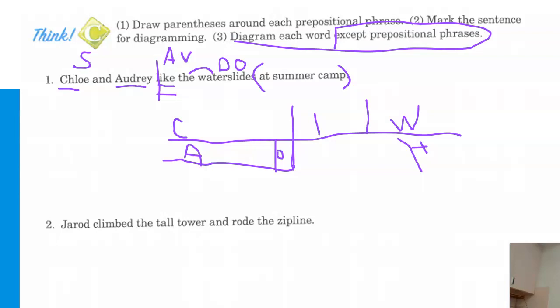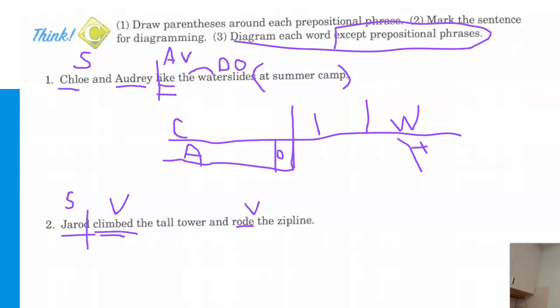So we're going to find our verb. Climbed, rode. Very good. Who climbed? Jared climbed. So we have subject, verb, and we have a compound verb.